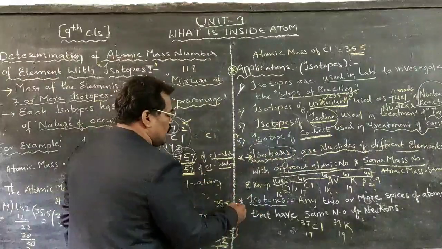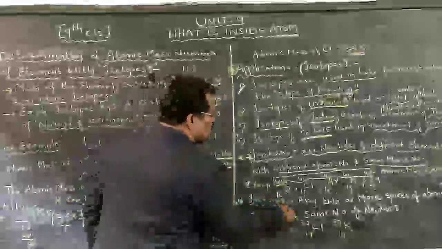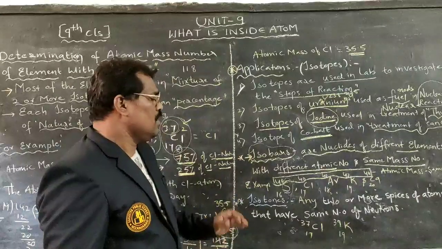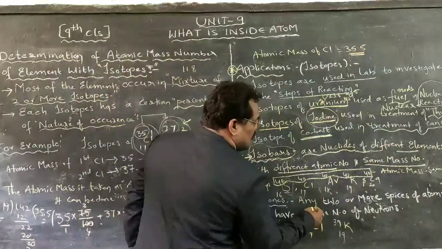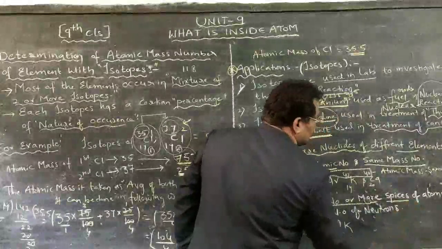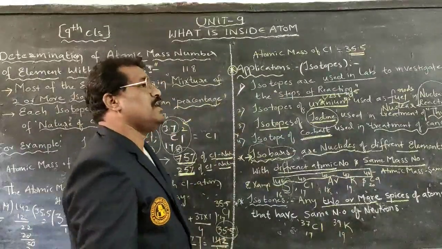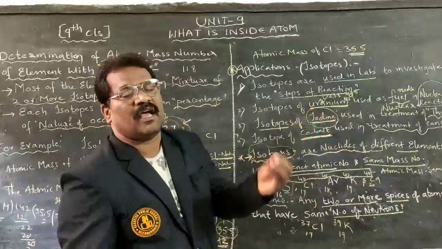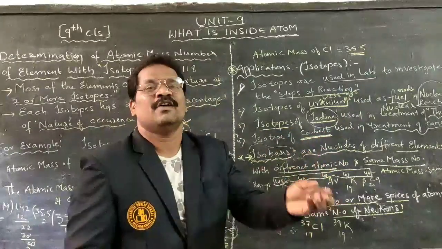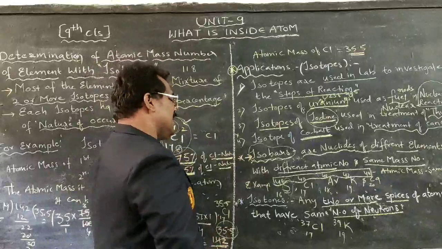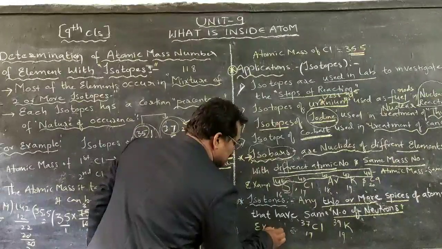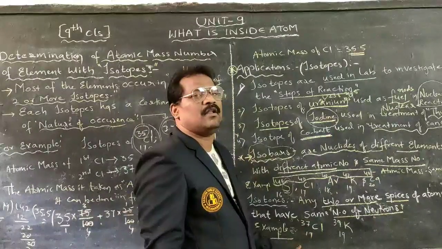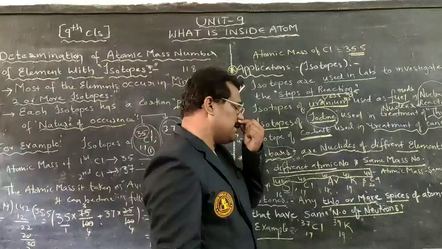One more characteristic is isotones. What are isotones? Isotones are any two or more species of atoms having the same number of neutrons. Different atoms will have the same number of neutrons within them. Examples: chlorine, whose atomic number is 17 and mass number is 37.